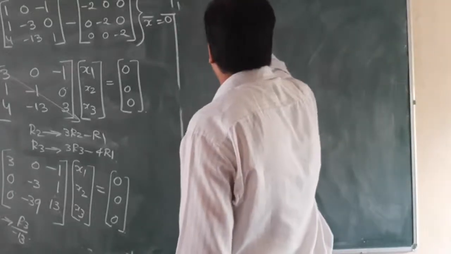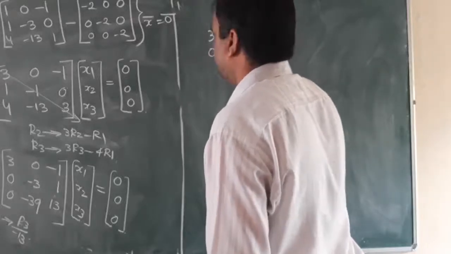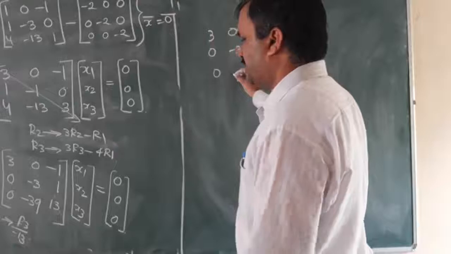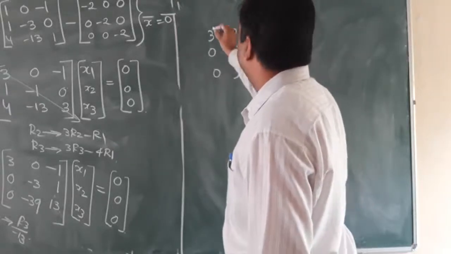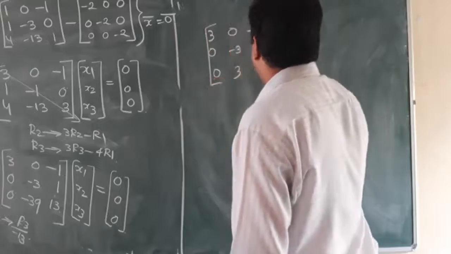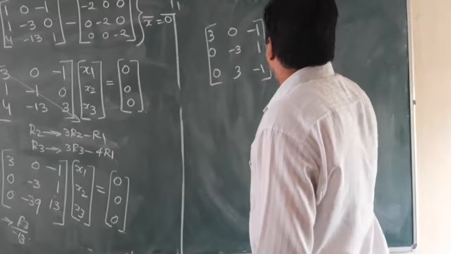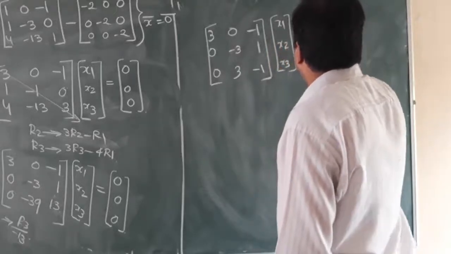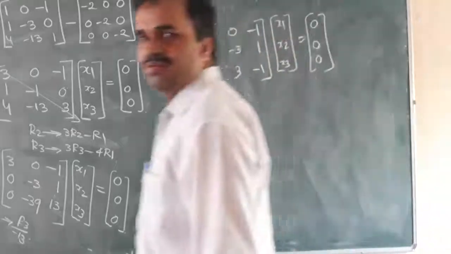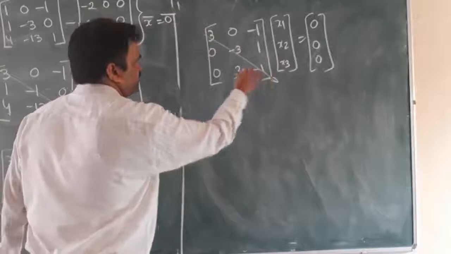R3 by minus 13. So 3, 0, minus 1, 0, minus 3, 1, 0, minus 13, no? 3 times, and here minus 1 times, x1, x2, x3 equal to 0, 0, 0. And now, this element also I can make it 0.